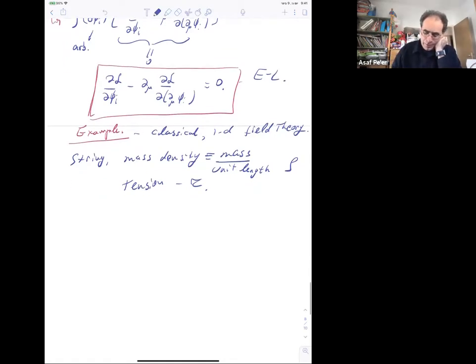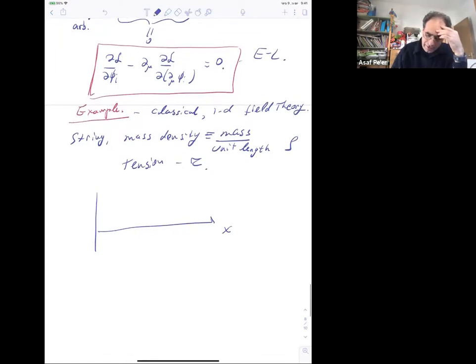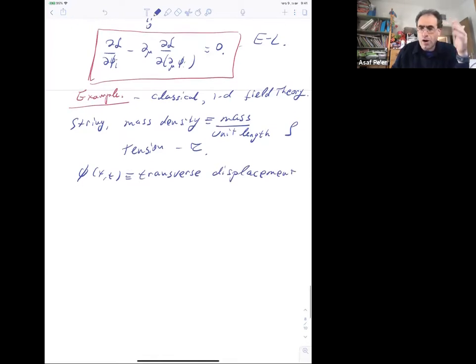So it's a one-dimensional problem. So this is x. And then I am now forcing the string to move along the y direction. So let's say that the scalar field phi of x and t is the transverse displacement. Basically, it's the y as a function of x.